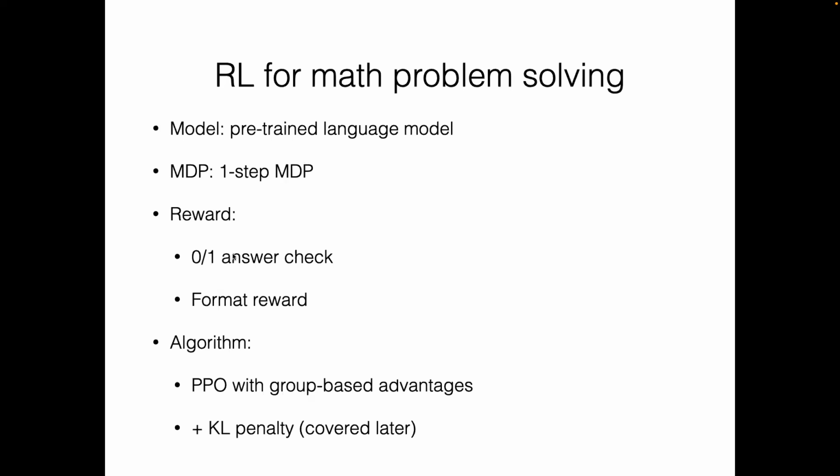Again, they have a very simple reward of just checking the answer, 0 or 1. It also turned out to be beneficial to have a reward for the formatting. Then the algorithm is GRPO, like I mentioned. It's basically this PPO loss, and it uses these group-based advantages, which we just saw. They also have this KL divergence penalty in the loss, and I'll go into details about that later.